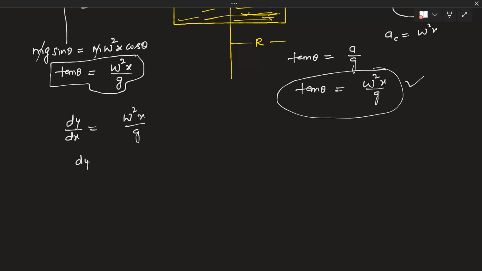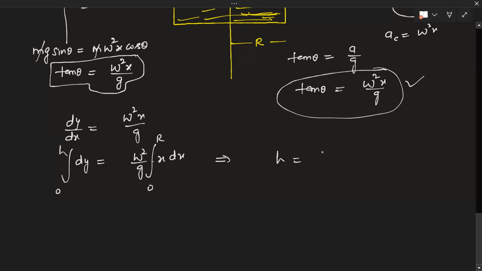So dy will be omega square by g times x dx. Let's suppose the level increases from 0 to h, and the distance can go up to the radius r. So you have the relation h equals omega square, x becomes x square by 2, you can put r square by 2.